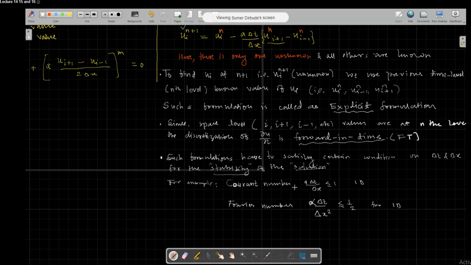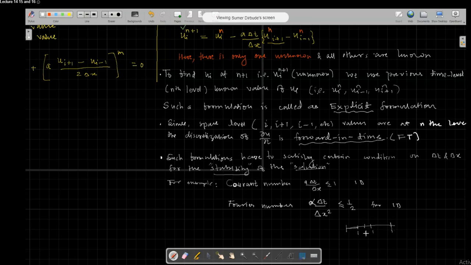And if you have both the terms, like we got a delta t by delta x as a coefficient of the del u by del x term, and alpha delta t by delta x square as the coefficient of the diffusion term, and these are the convection term. Now, among these two, whichever is smaller, that we will have to satisfy. Both the conditions should be satisfied. Sometimes your delta x may be different here and here.